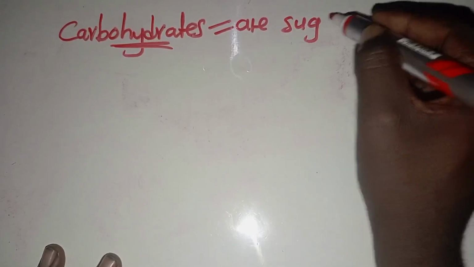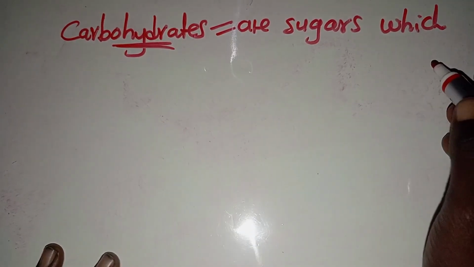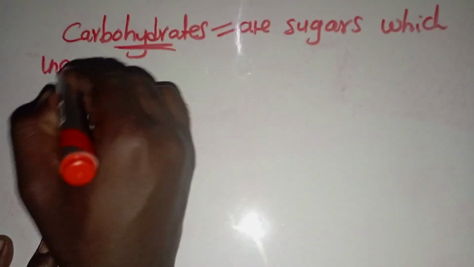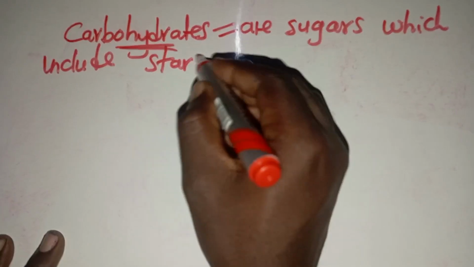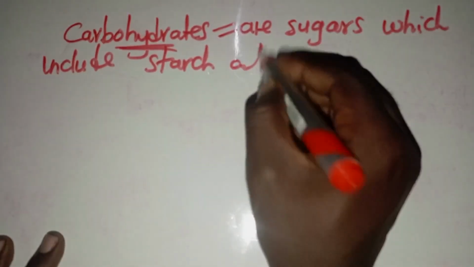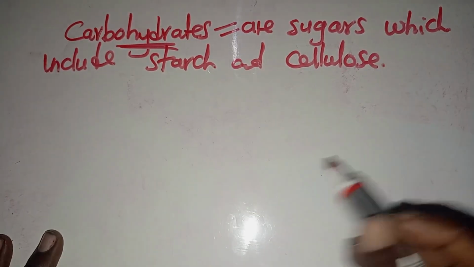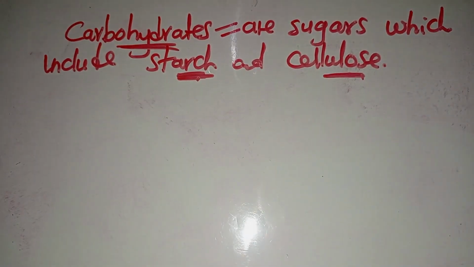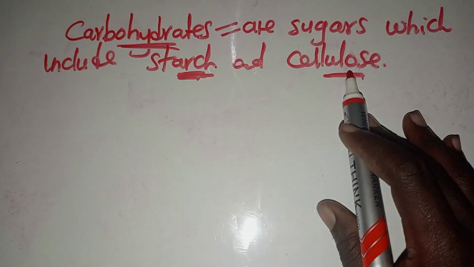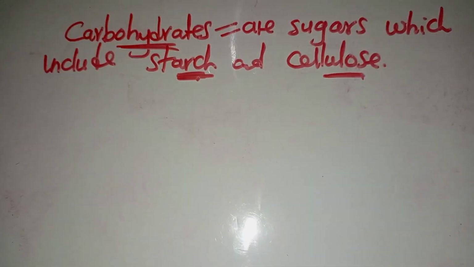You need to understand that these are sugars which include what we call starch and cellulose. So they are sugars that include starch and cellulose. Carbohydrates are sugars that include these two things.